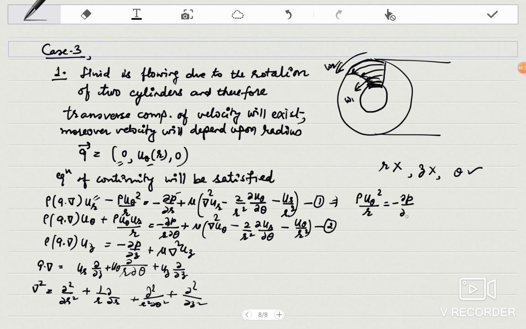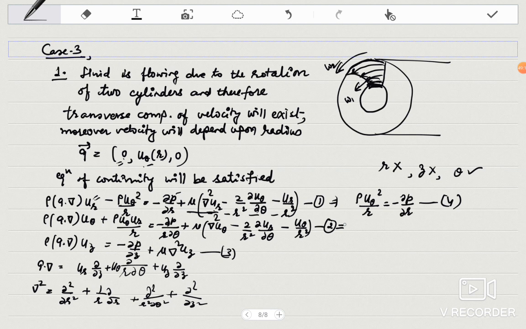We don't know what the dependence of p is, I'm just writing it here and I'll come to this part. The terms with delta to ur are completely 0, and u theta is a function of r only, so its variation with theta is 0, and ur is 0, so this entire expression will be 0. So you are left with just this expression, equation 3, and this one is equation 4.